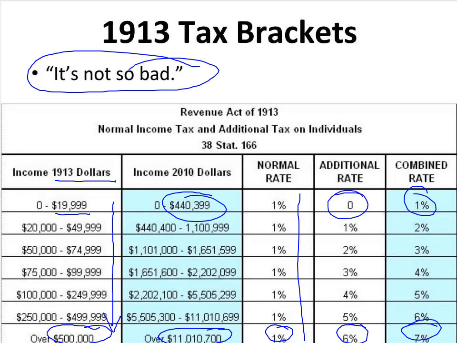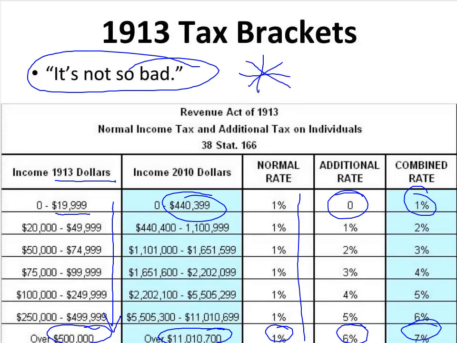Now, if that was still true, things would be glorious. Mr. Baker, who definitely does not make $11 million or more, and this is adjusted for inflation in 10 years ago dollars, would love to pay 7% income taxes. I pay significantly more than that.